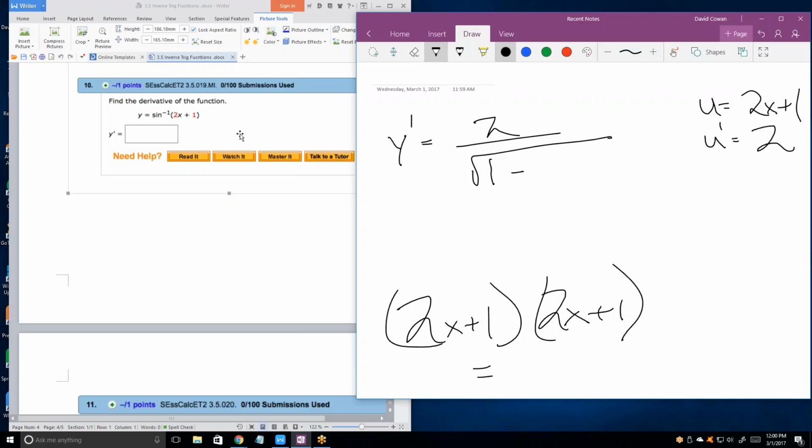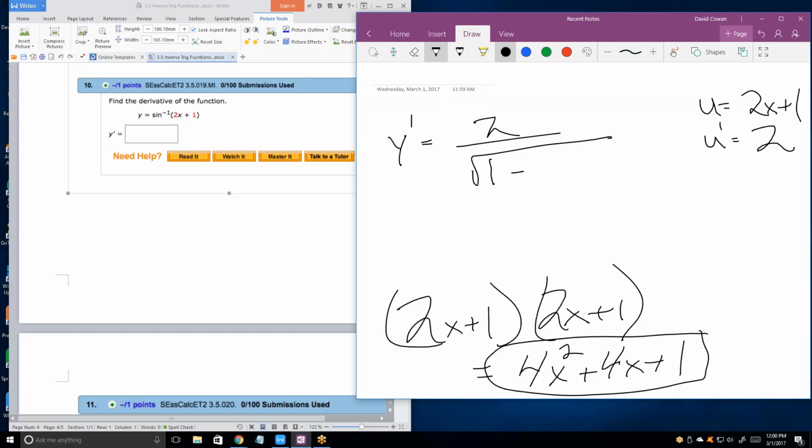Oh, okay, right, I was looking at u prime. You've got to FOIL these. So it's 4x squared, plus 2x plus another 2x, so plus 4x, plus 1. That's u squared.